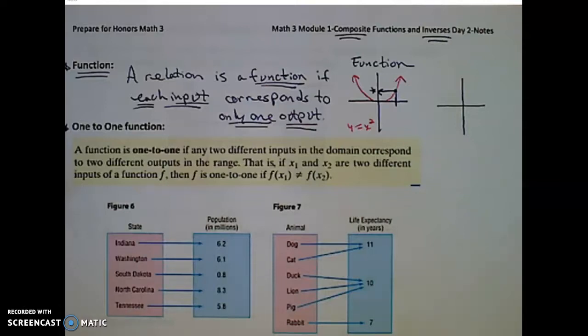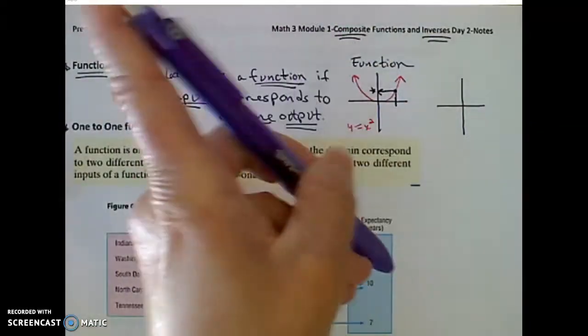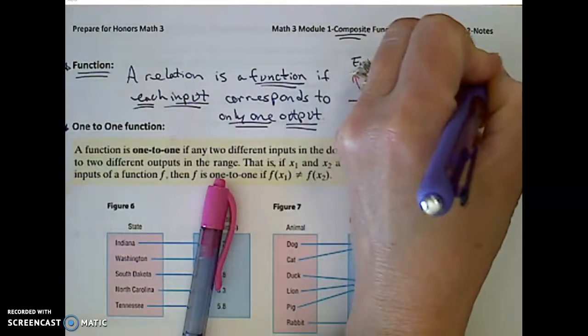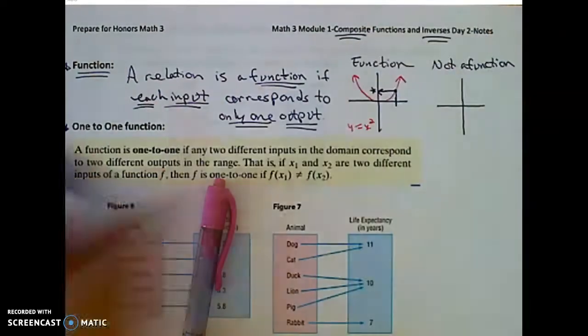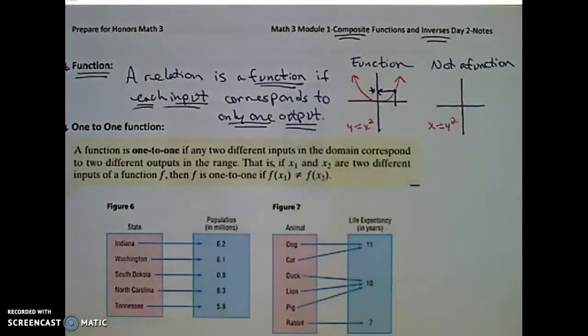Something that we've seen recently that's not a function. Think of our conic sections. Very simple case of something that is not a function. You can think of many, but we'll keep it simple. X equals y squared.